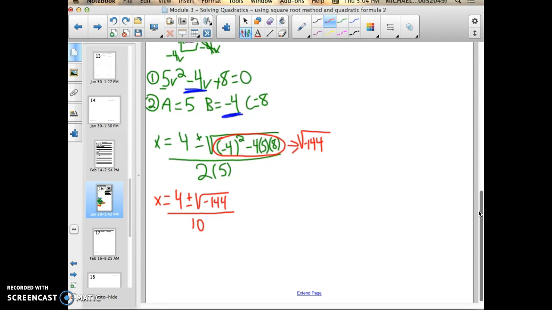All right. Now, the square root of negative 144 can be broken down. If you remember, always check the positive version to see if it's a perfect square. If I take the square root of positive 144, it is 12.